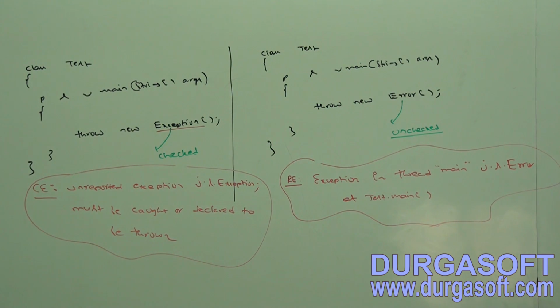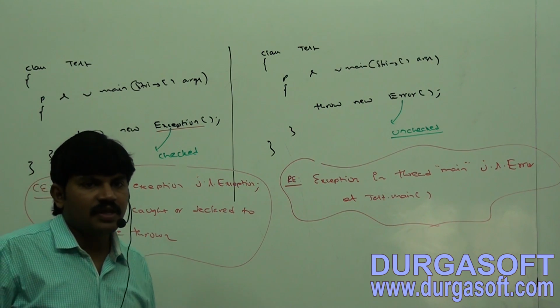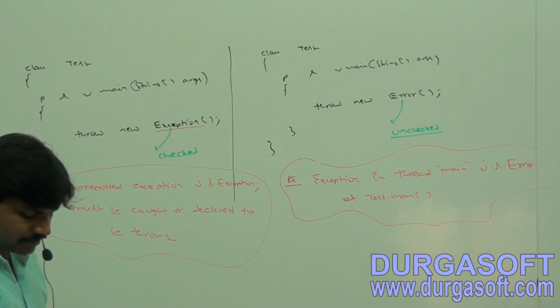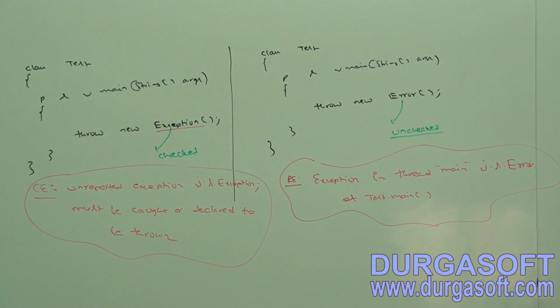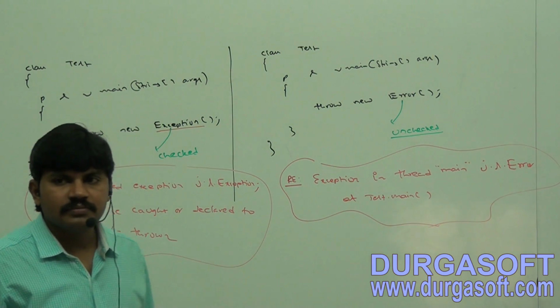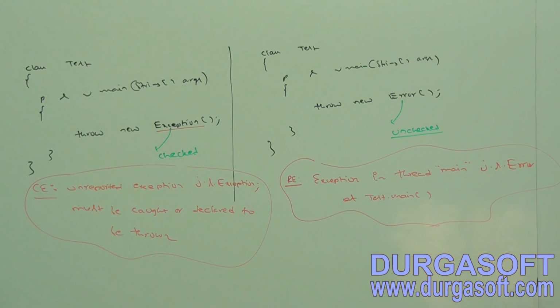Second one, exception in thread main java.lang.Error at Test.main. So the first one is a compile time error, second one is a runtime exception.